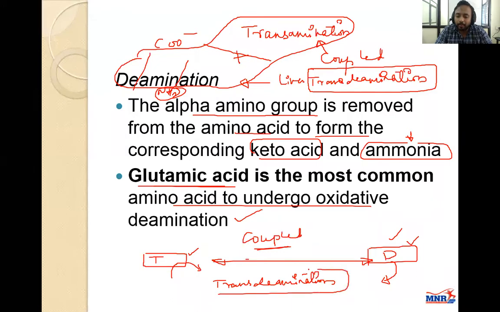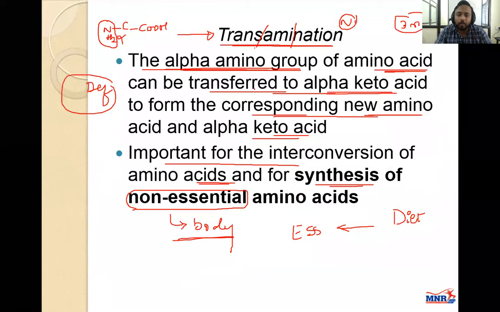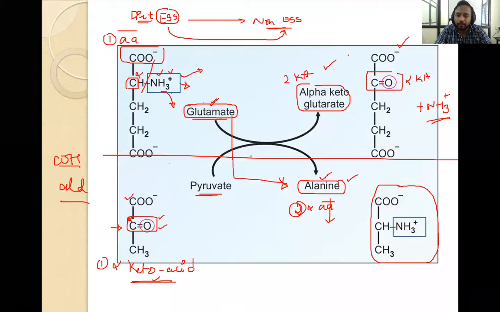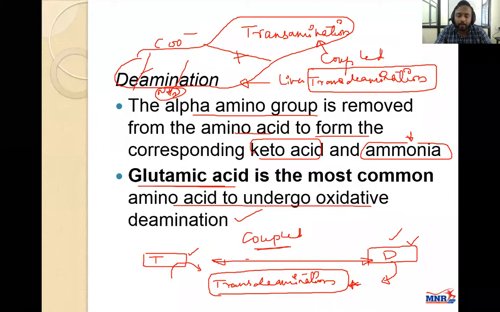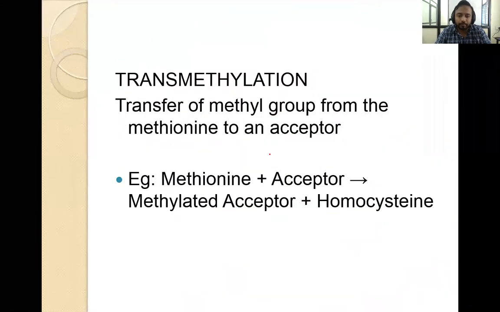It is also an exam question. In the exam, when they ask you trans-deamination reaction, you should be able to write both transamination reaction and deamination reaction, and you should also write how they are coupled. Physically they occur in two different places, but chemically they occur similarly. Whatever is getting transaminated is also getting deaminated in the reactions.